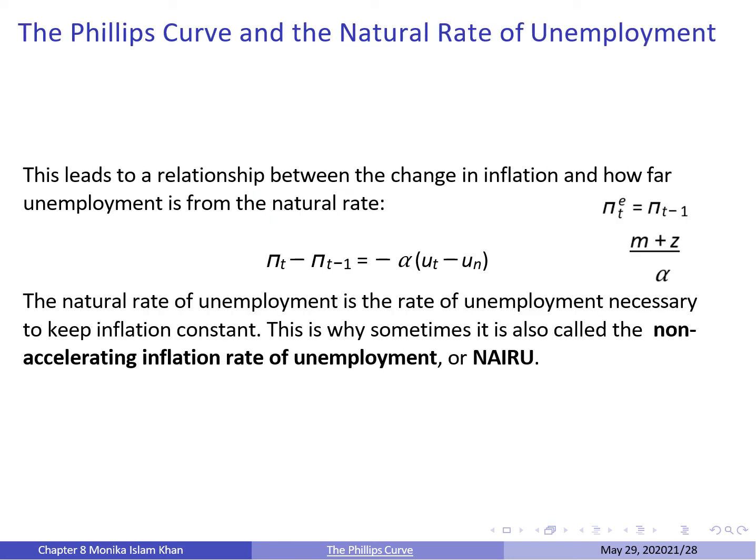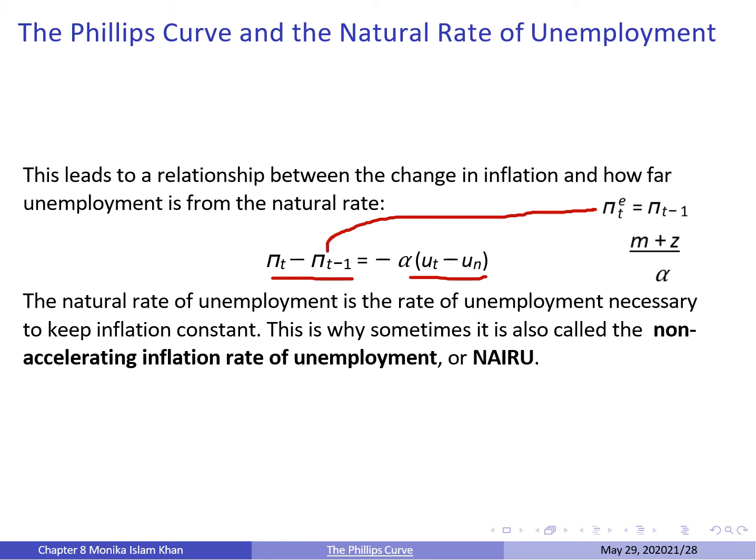This leads to a relationship between the change in inflation and how far unemployment is from the natural rate. To get this equation, we make two changes. First, we replace pi e t, the expected inflation rate at time t, with pi t minus 1.